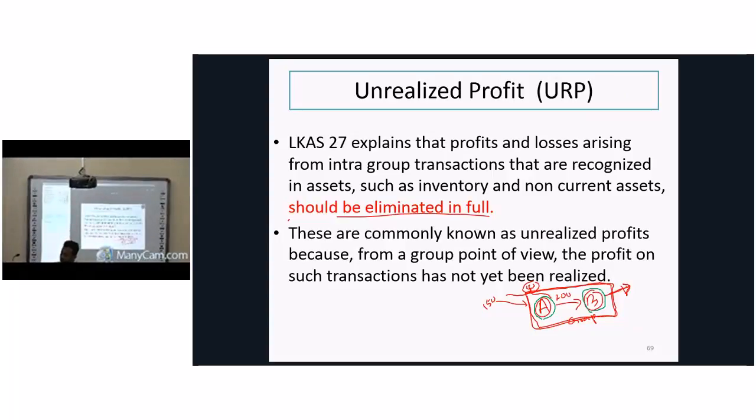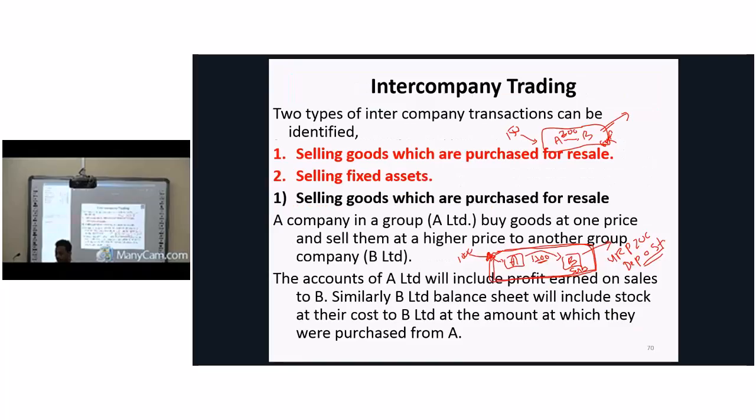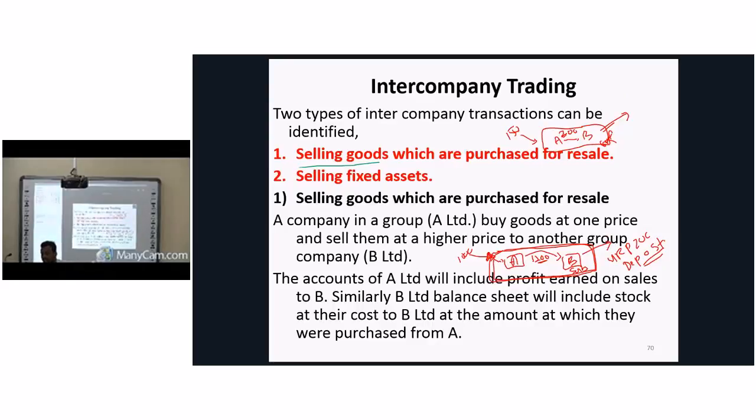First thing we'll see, actually, this is happening in the case of intercompany transactions. Basically, there are two types of intercompany transactions: selling goods which are purchased for resale, and selling fixed assets. Therefore, in this adjustment, there are two things to be done.